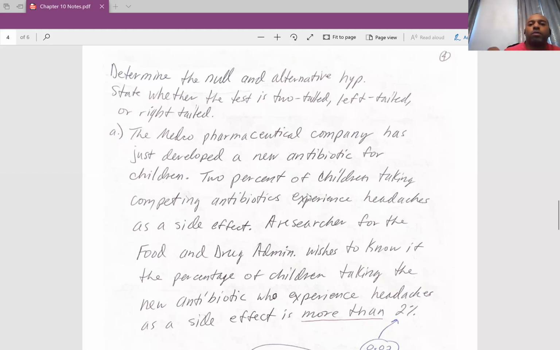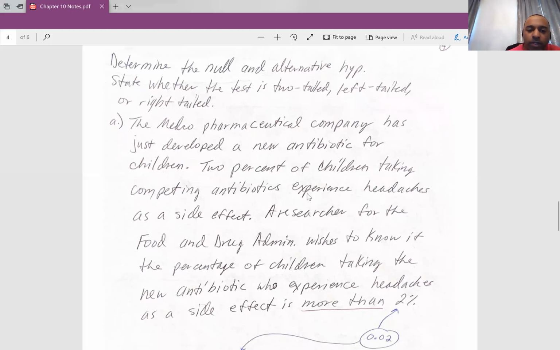All right, so we want to look at how we're going to set up our null hypothesis and our alternative hypothesis. So we look at what we're going to use as far as our parameter is concerned. It says that 2% of the children taking the competing antibiotics. And then when we look down here, it says taking new antibiotics who experience headaches as a side effect is more than.